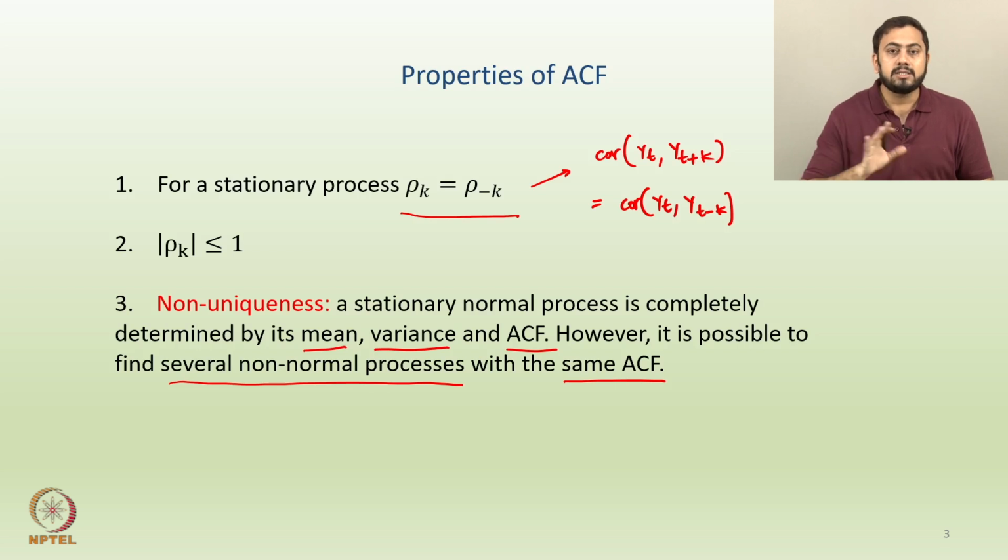In a way, the autocorrelation function is not unique to a particular normal process or a particular non-normal process. Make sense? So these are some standard properties when it comes to defining the autocorrelation structure: where an autocorrelation should lie, between minus 1 and 1, and finally, the non-uniqueness of the autocorrelation function. Okay.